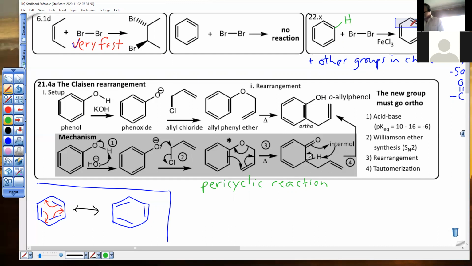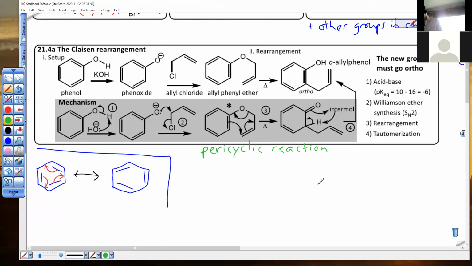But after you make the enol tautomer, which is not resonance, it's a reaction as well, this form can resonate in an aromatic fashion. So why don't we try our own version of this with a more interesting molecule? Let's try this one.